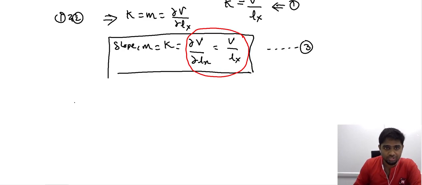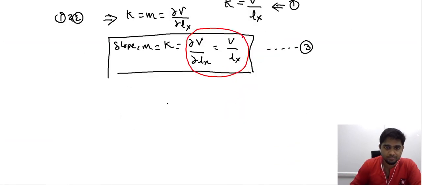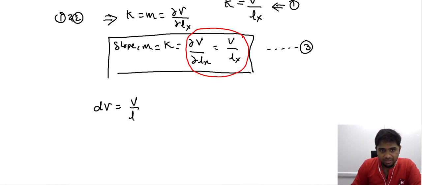Now for the overall change in the volume, we have considered the change in the volume with respect to the change in the dimension in specific directions. So we will be able to get rid of these derivatives, and we will be able to express it as dV is equal to V by Lx dLx plus V by Ly.